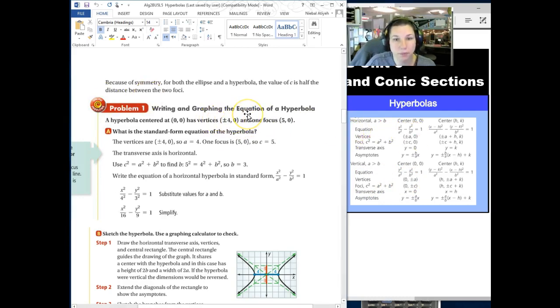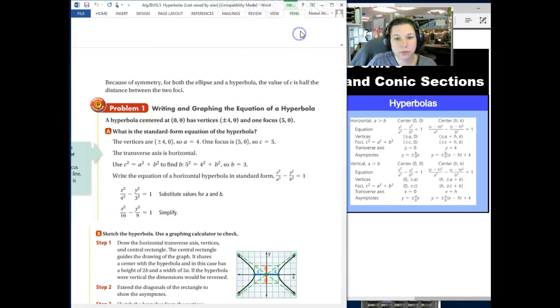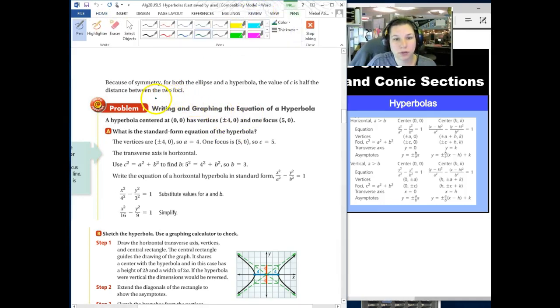We have 4, 0. So this is horizontal, okay, and don't try and keep all that information in your head. As soon as you get that, write it down. It's horizontal. We know that a equals 4, and it says has a focus of 5, 0, so that means that c equals 5, okay?